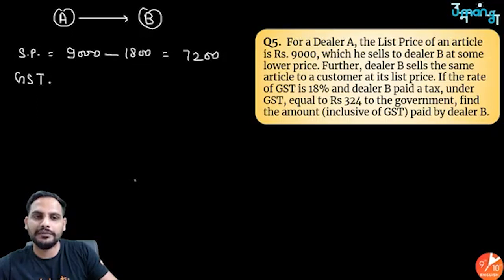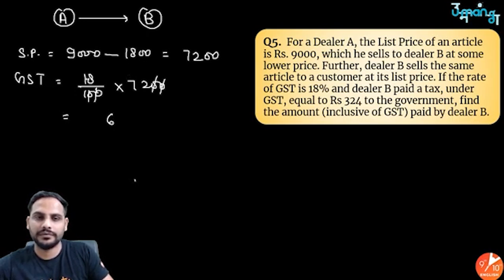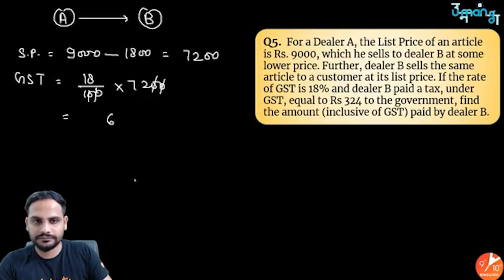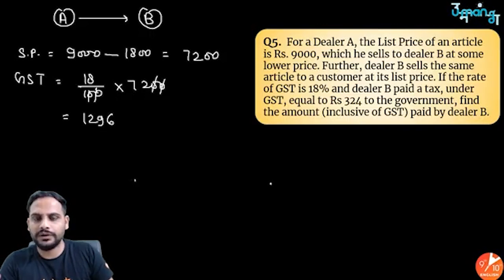So GST here will be how much? It will be 18 percentage of 7200. This to this got cancelled, this to this got cancelled. You will get 1296, right?